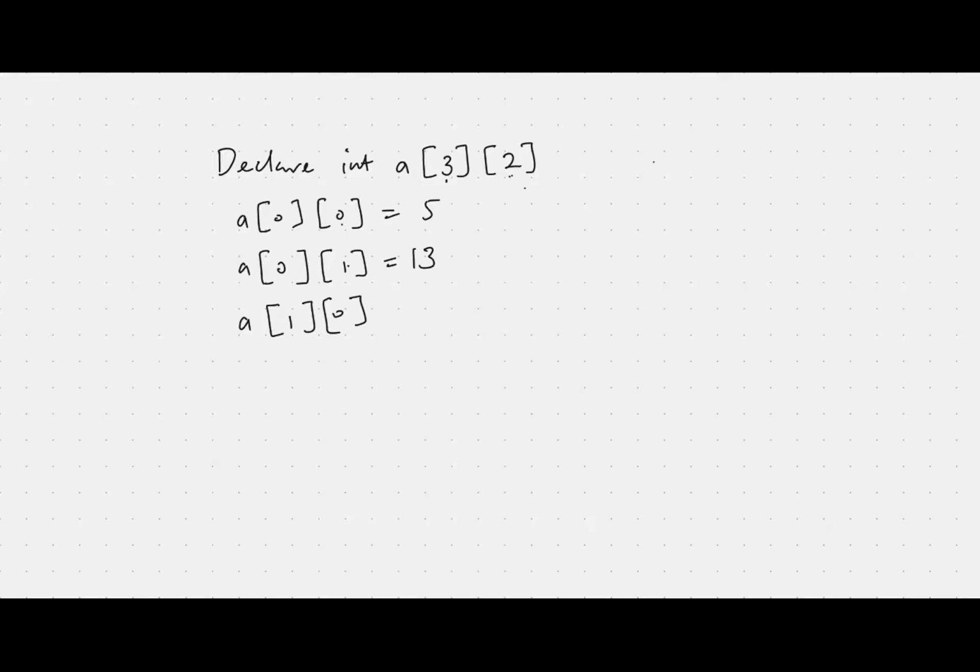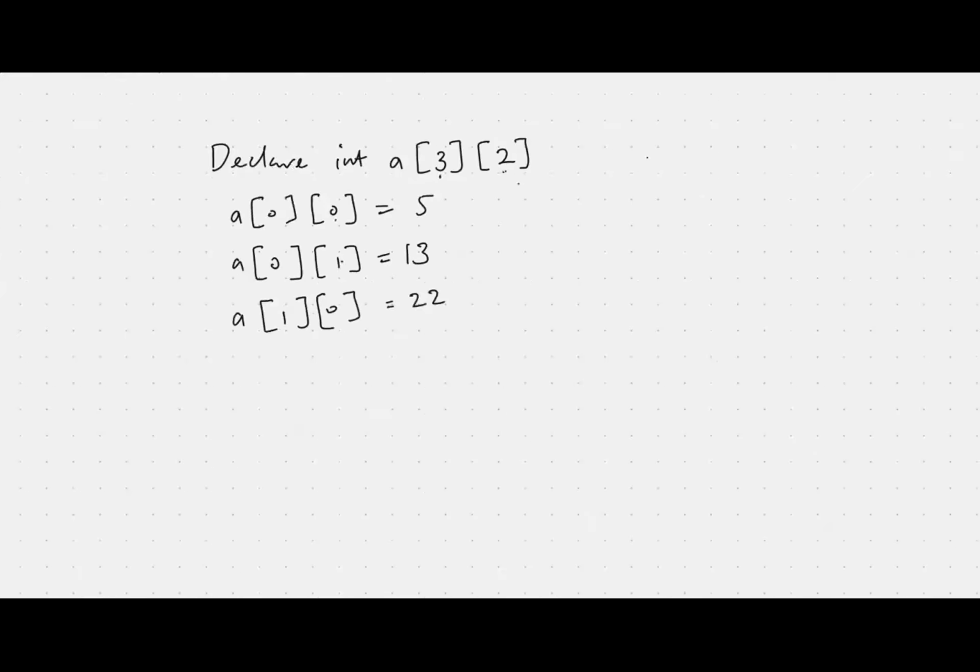Then A[1][1] is 15. Then A[2][0] is 19. Then A[2][1], maybe 100.